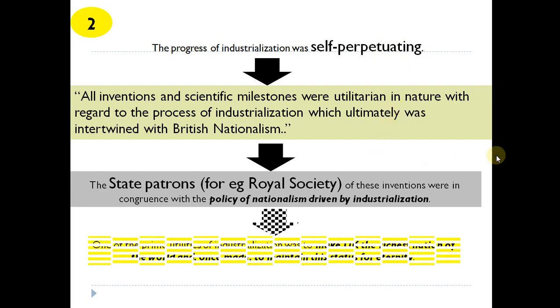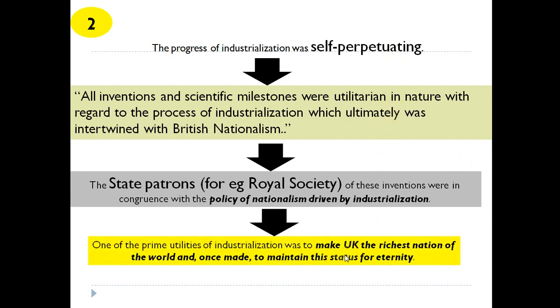What I mean by all this is the UK wanted itself to be the richest of all nations in the world, and wanted to maintain this status for eternity. And in doing so, it made sure that the way in which it is progressing stays put for as long as the country exists.